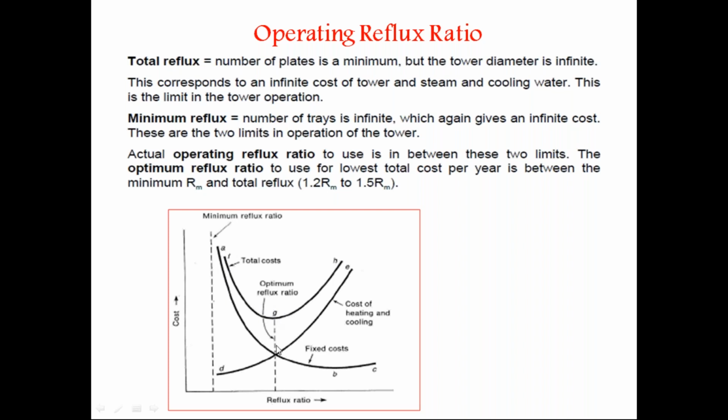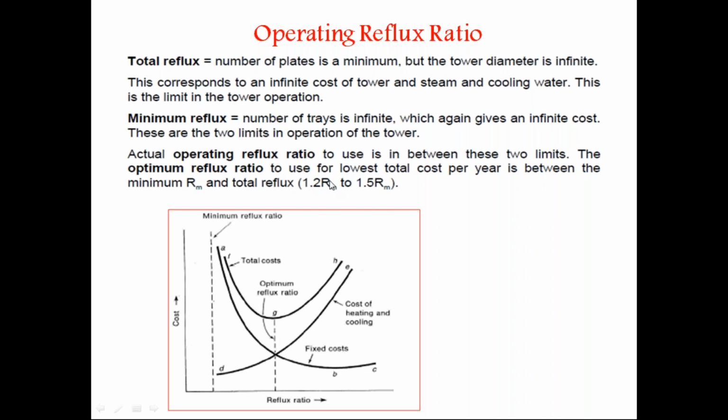So this is the reflux ratio which can be used in the column, and you can also call that an optimum reflux ratio. So the optimum reflux ratio can be found from the cost estimations. However, as a thumb rule, it will be between 1.2 times R minimum to 1.5 times R minimum. So it will be in between these two values.